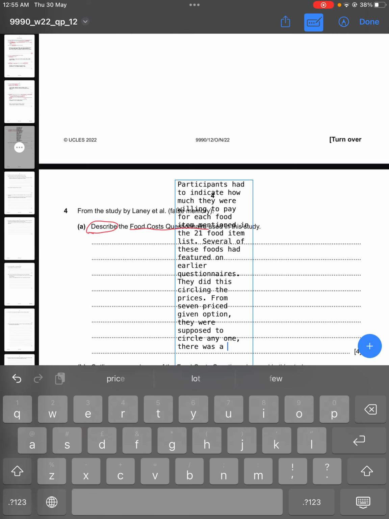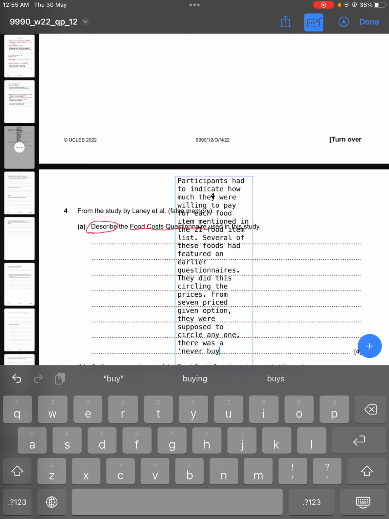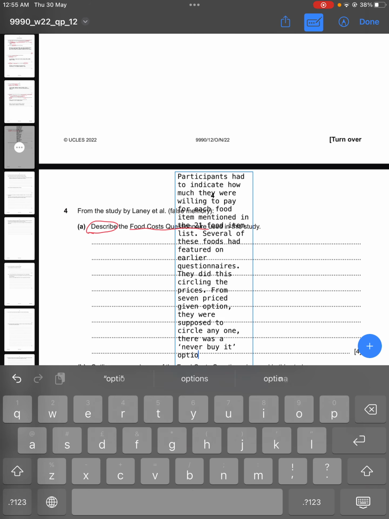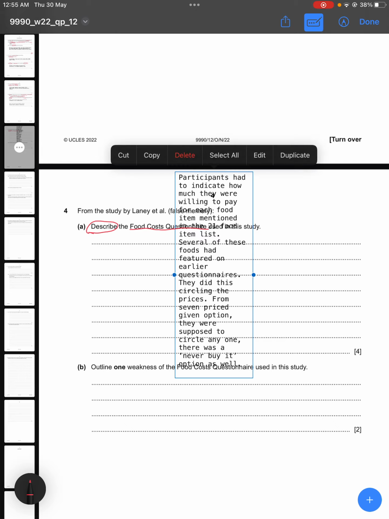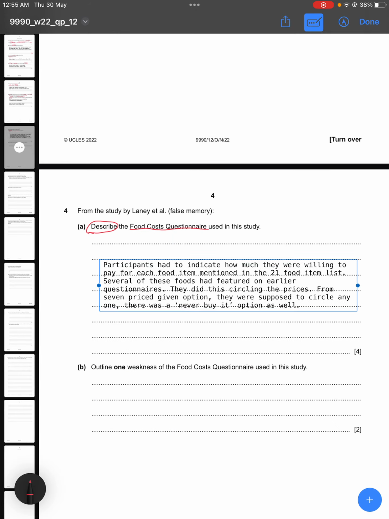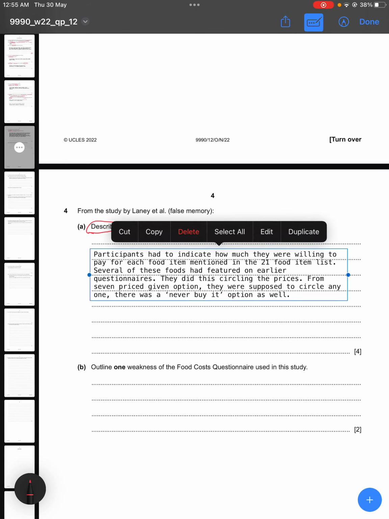There was a never buy it option as well. So they could say that they wouldn't buy this food item for any given price. They were allowed to do that.